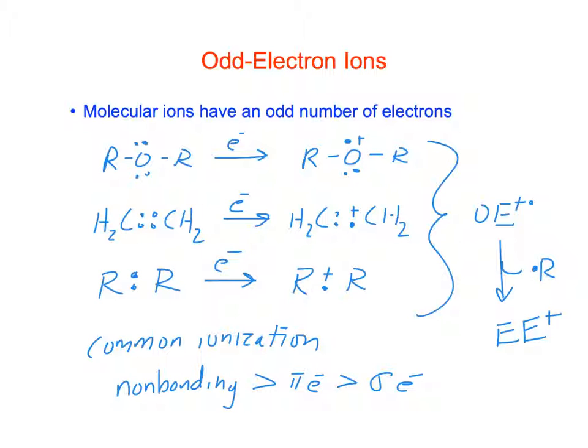But the radical we won't see. We'll never see the radical because it's neutral, right? So there's no mass spectrometry method to directly observe the radicals. Our calculations for sites of unsaturation work for odd electron ions.